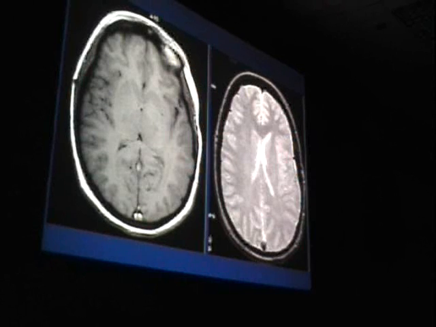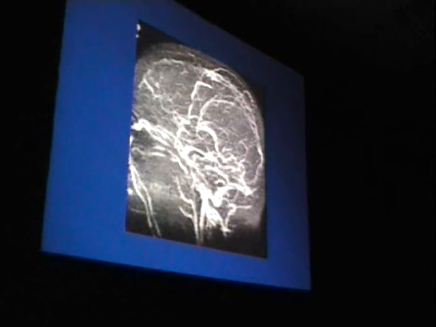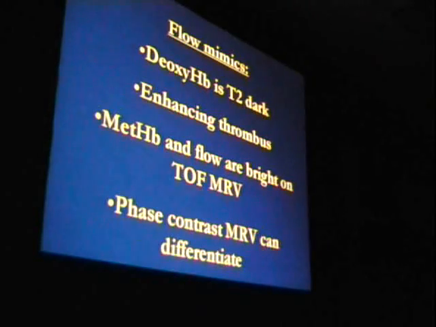In this case, with the elevated signal on T1 and the dark signal on T2 could either be deoxyhemoglobin or intracellular methemoglobin. And the MRV confirms the absence of flow in the superior sagittal sinus and the straight sinus, confirming the diagnosis of a dural sinus thrombosis.